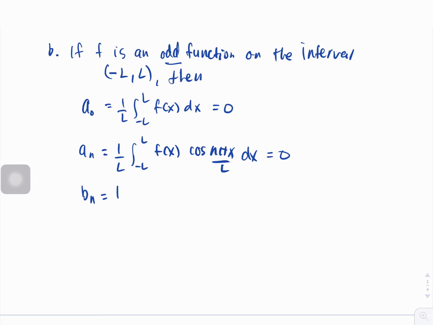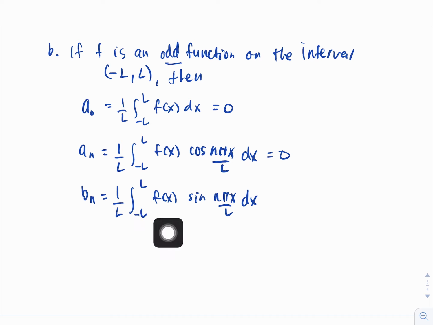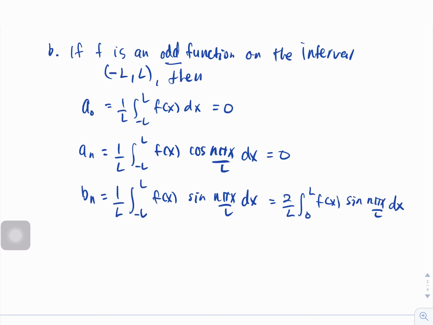But for our b_n, 1 over L of f(x) sine(n pi x over L), since our f here is odd and the sine function is also odd, odd multiplied by odd gives an even function. So the integration of an even function is equal to 2 over L from 0 until L of f(x) sine(n pi x over L) dx.